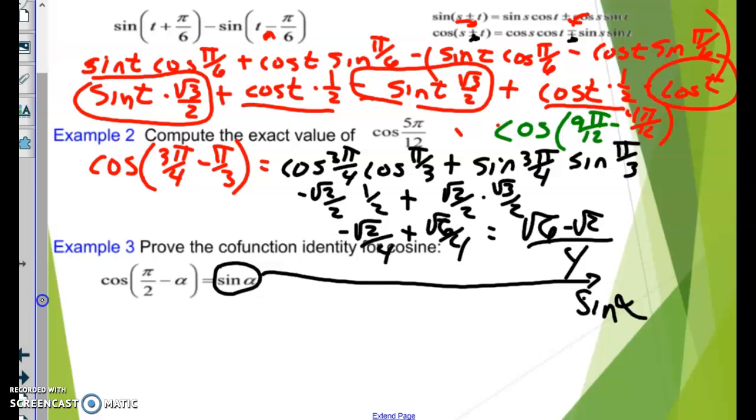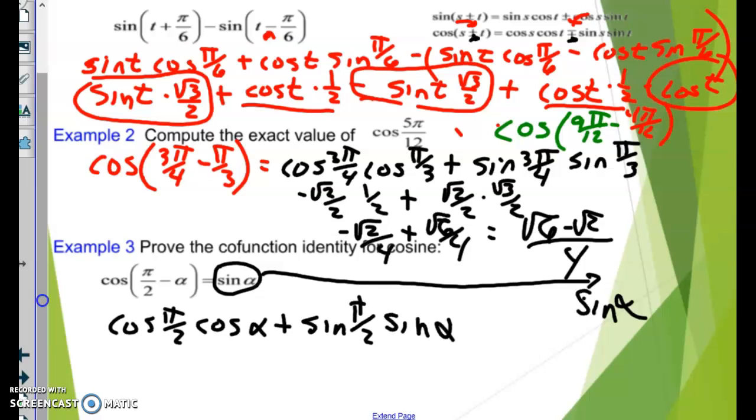So I'm going to use my cosine formula, and I'm going to say cosine pi over 2, cosine, I don't know, alpha. And because that's a minus, this would be a plus on the cosine. And then I get sine pi over 2, sine alpha, maybe. I'm sure somebody will look it up and tell me which one it is.